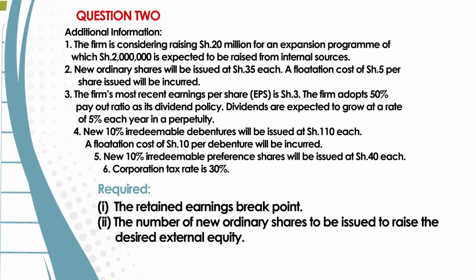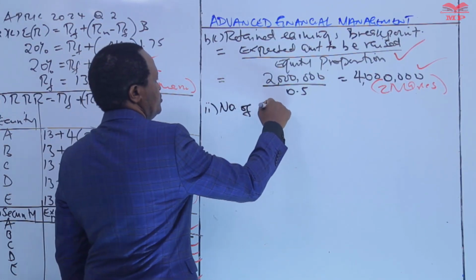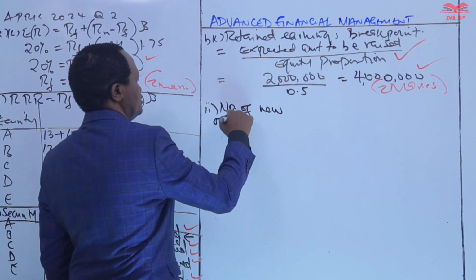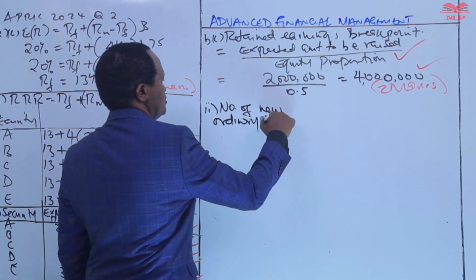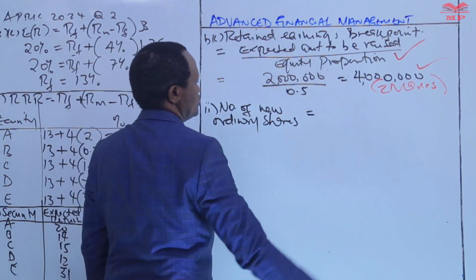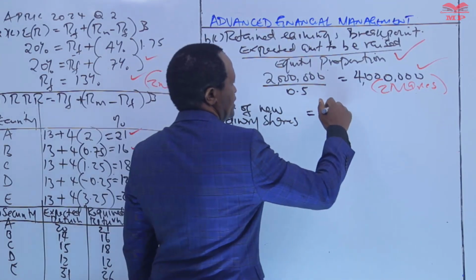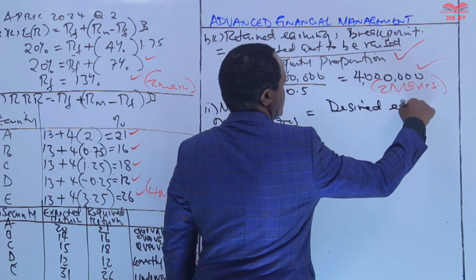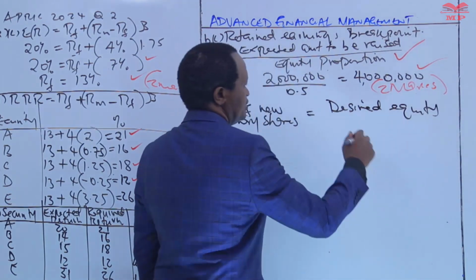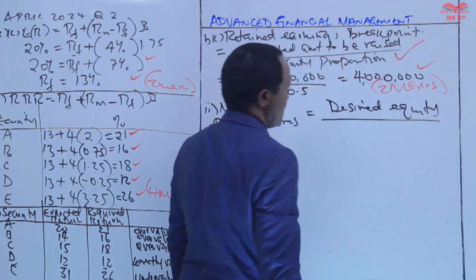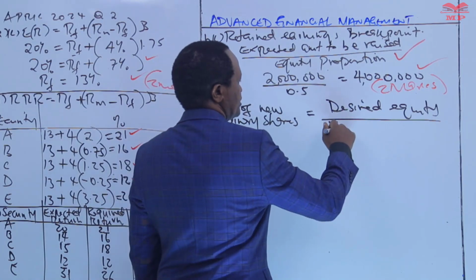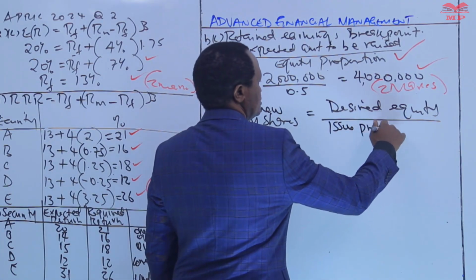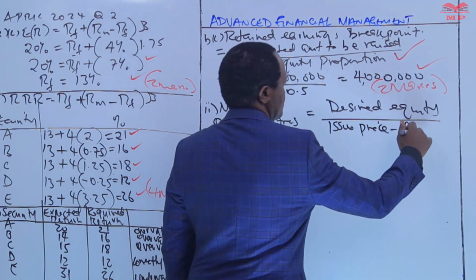The number of new ordinary shares will be equal to the desired equity to be raised, we divide it by the issue price minus flotation cost.